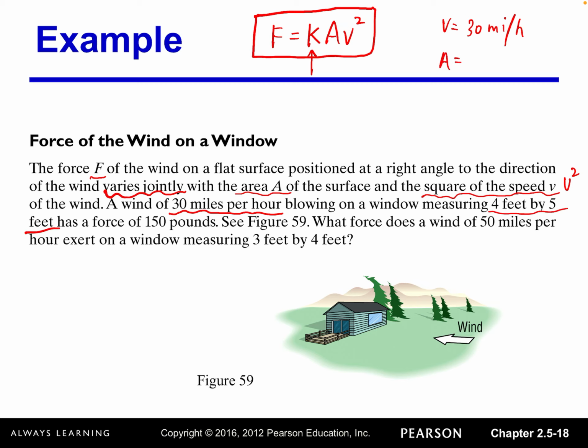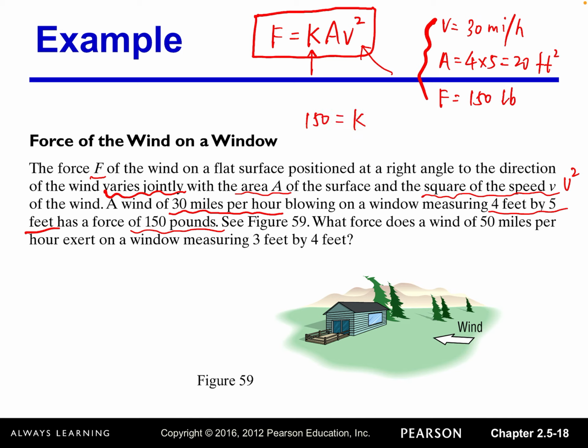So the area of the window is 4 by 5, which is 20 square feet. It has a force of 150 pounds, so F equals 150 pounds. Based on these three quantities, we can plug into our model and solve for K.